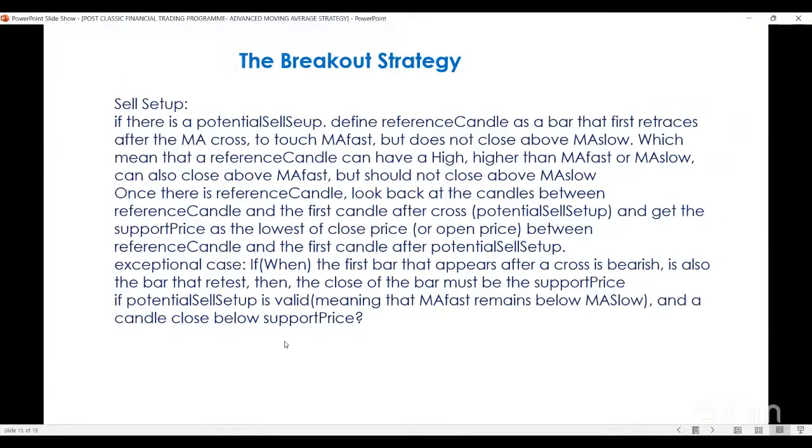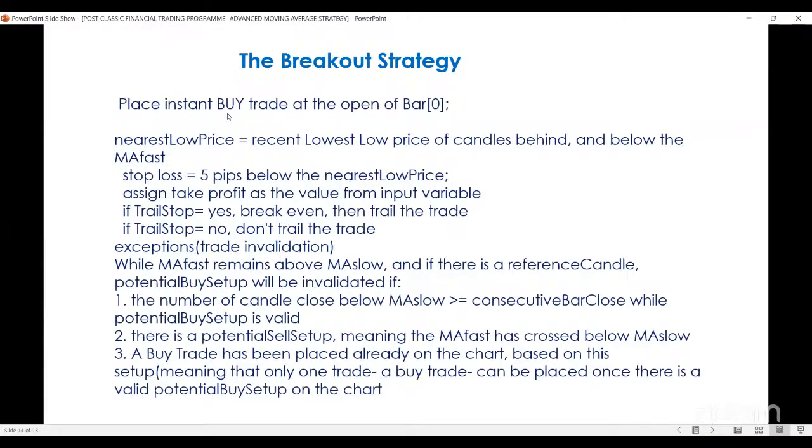So if you look at that buy setup, let's go back a little bit. For a buy setup, I said you should put your stop loss 5 pips below the nearest low price. The nearest low price is the recent low price of candles behind and below the MA fast.